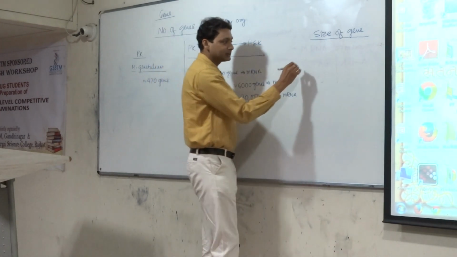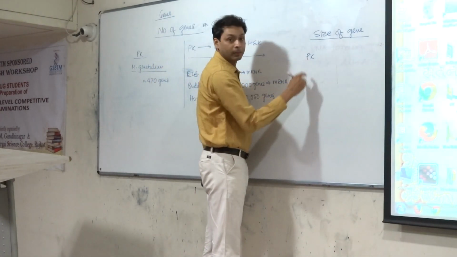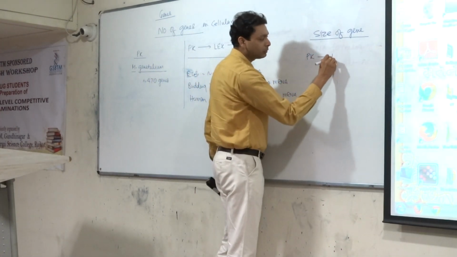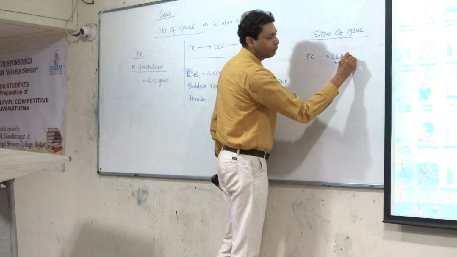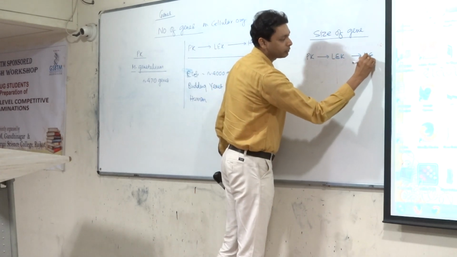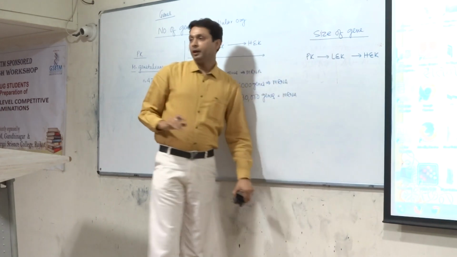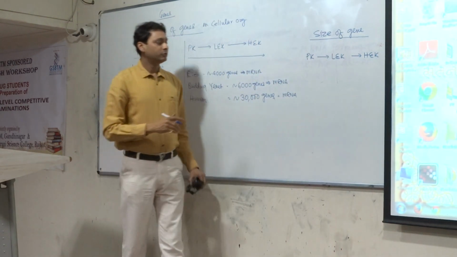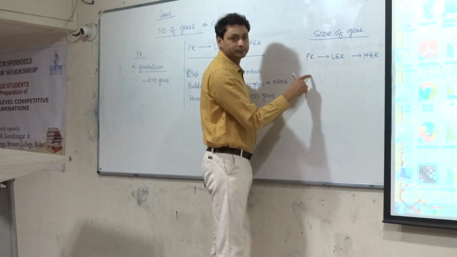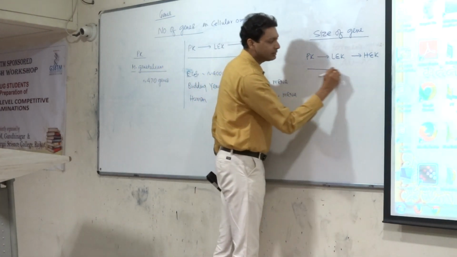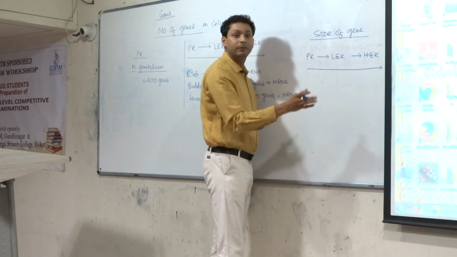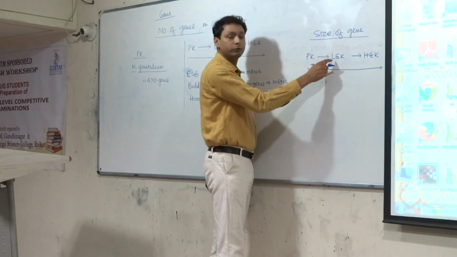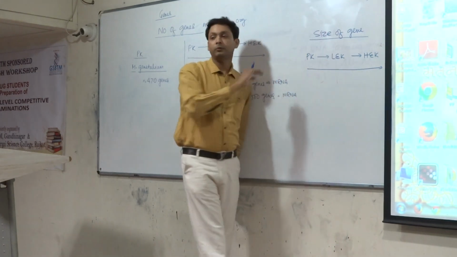Most of the genes in the higher eukaryotes you will find of larger size as compared to the lower eukaryote and the prokaryote.